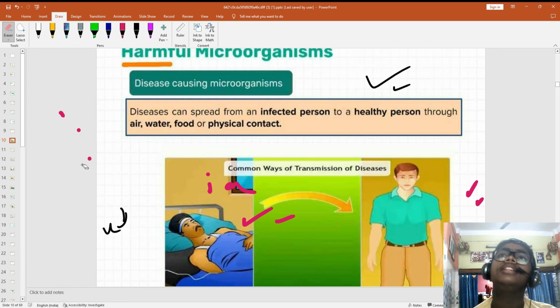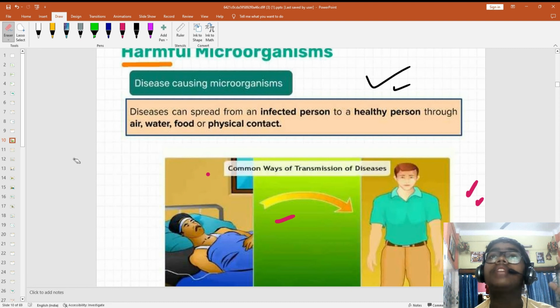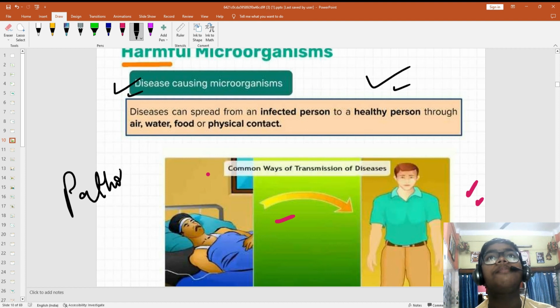Likewise, we have many diseases like dengue, malaria, typhoid, cholera. Many diseases are caused by these microorganisms. This we know as we have learned in a previous class. These are known as pathogens, the disease-causing microorganisms.